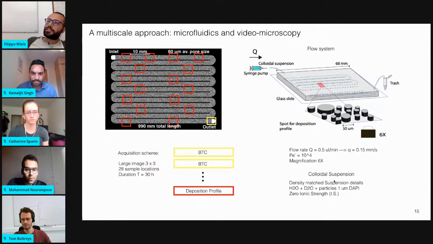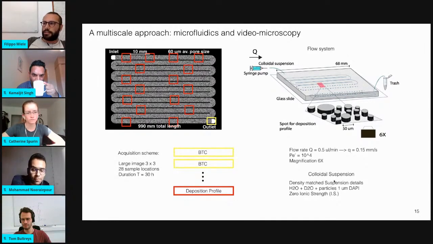In order to avoid gravity effects at this stage, we use a density matched suspension by adding heavy water to pure water. And for this preliminary experiment, we work at 0 ionic strength. This means that we didn't add any salt to the colloidal suspension.